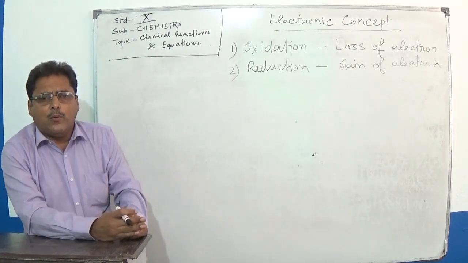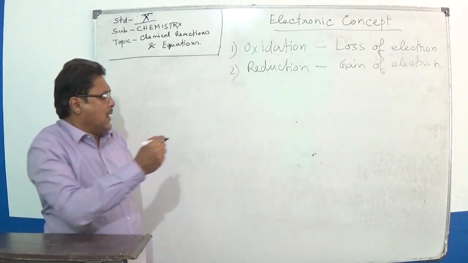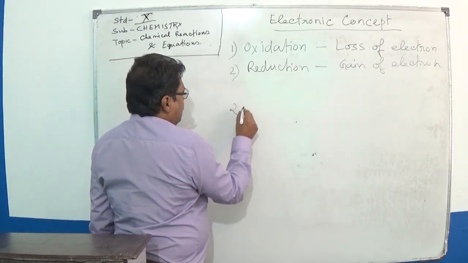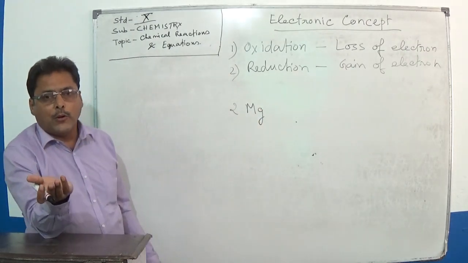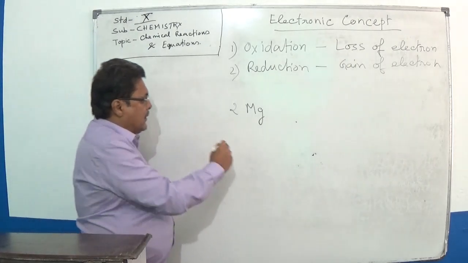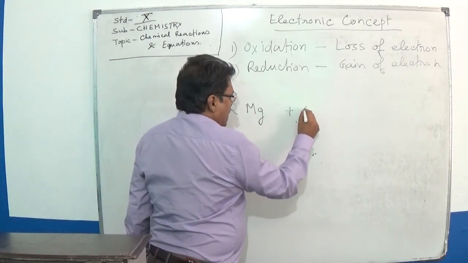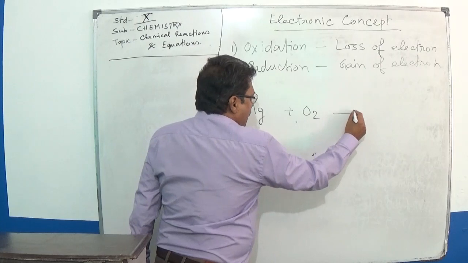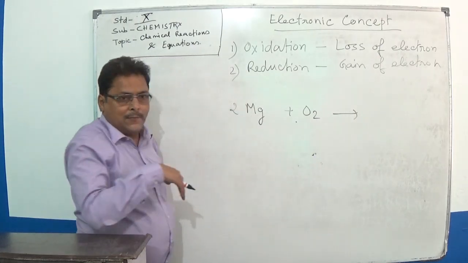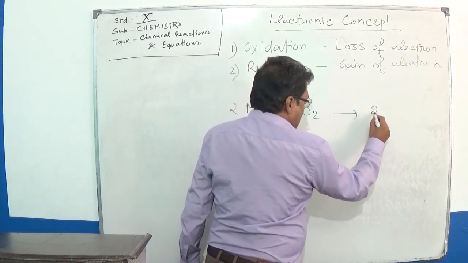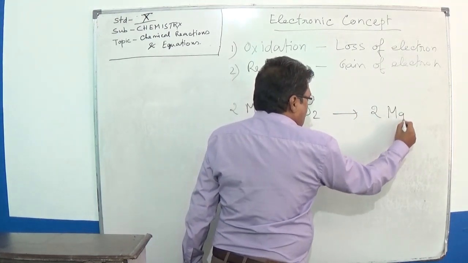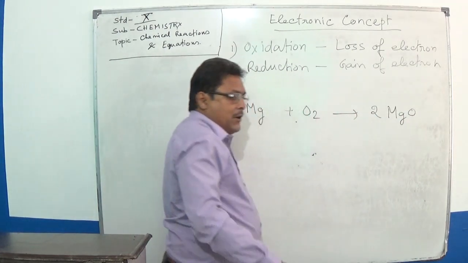Let me give you one or two examples. Suppose we take, it happens in ionic compounds, take magnesium and burn it in the air, oxygen. What happens is that two molecules of magnesium oxide are formed.